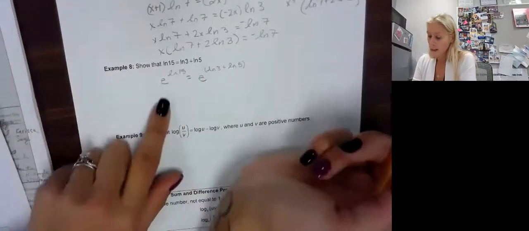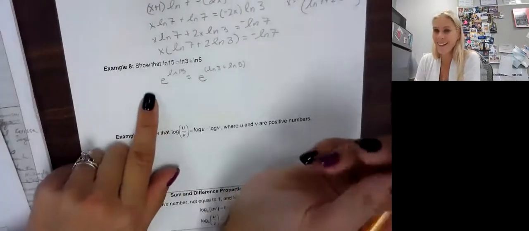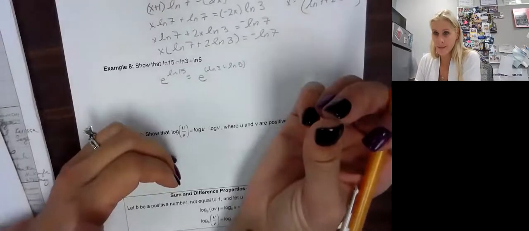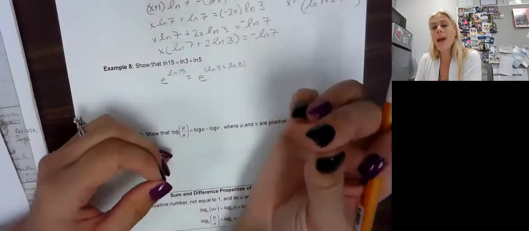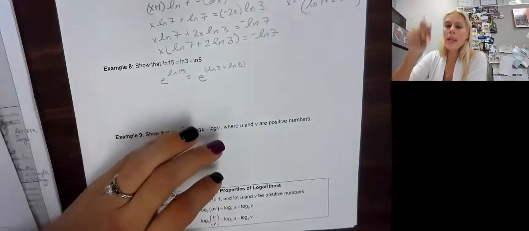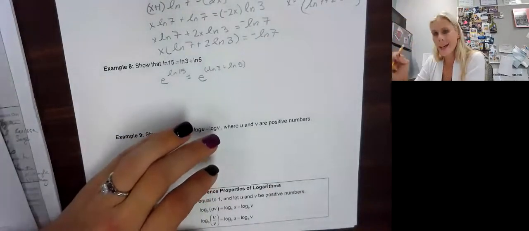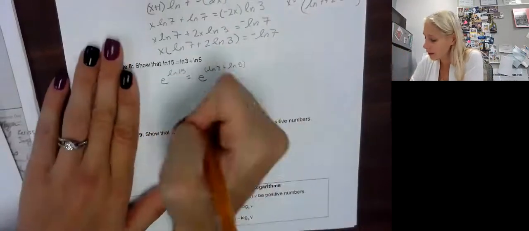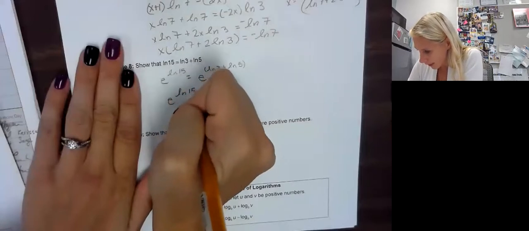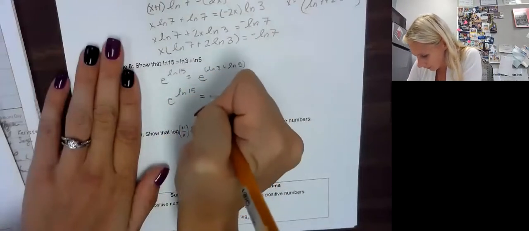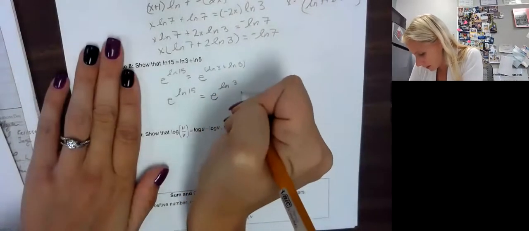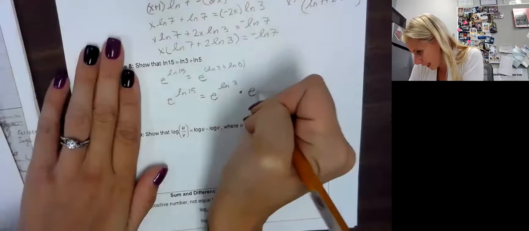Okay, now here's the tricky part. When you add exponents, if we were to go backwards, what is the thing you do to be able to add exponents? Well, you add exponents when you actually have a multiplication of the same base. Okay, I'm going to write this down and re-explain what I just said.